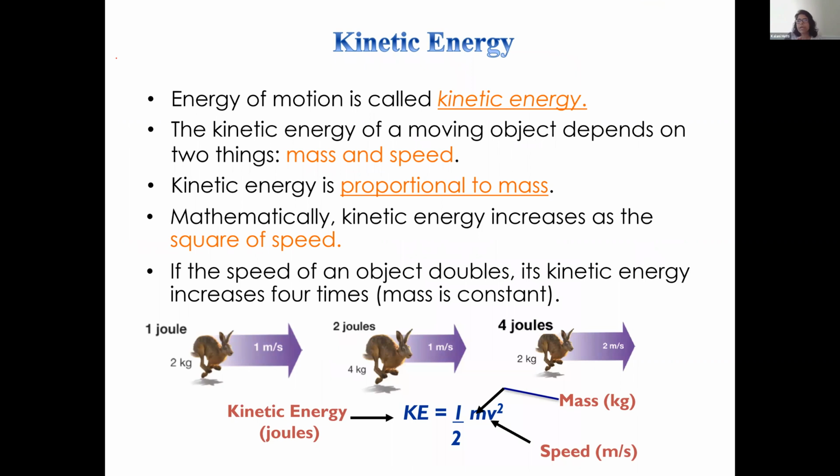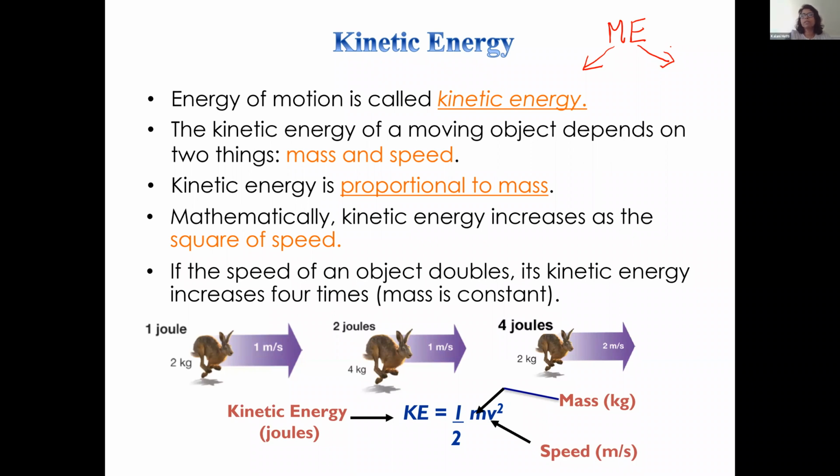Okay, so now we're going to move into mechanical energy. For mechanical energy, textbooks may use different symbols, but I'm going to use ME. Mechanical energy is divided into two parts.